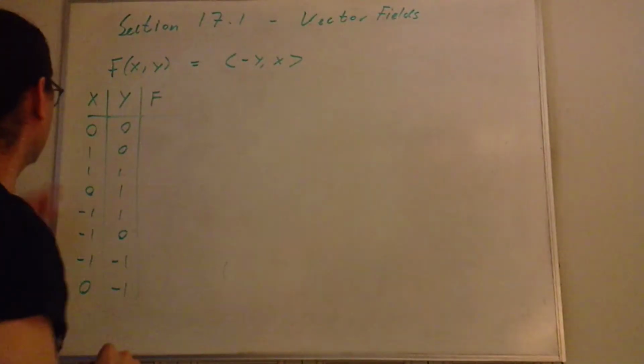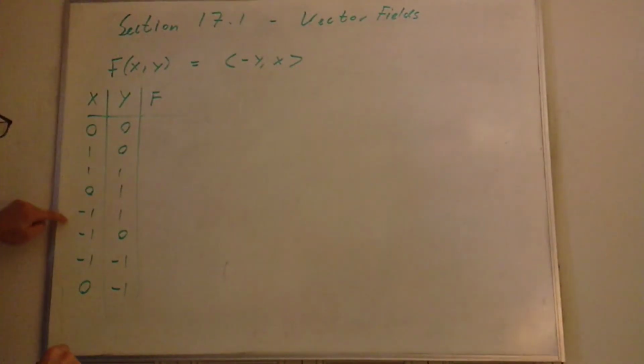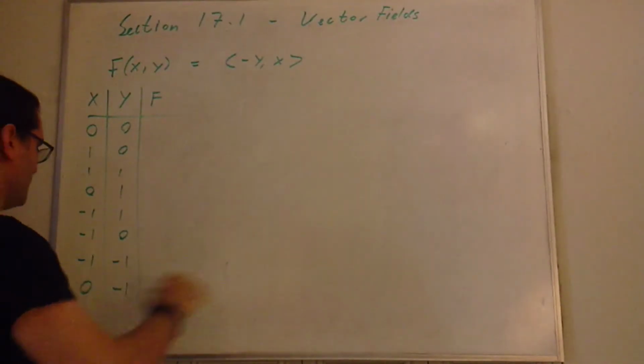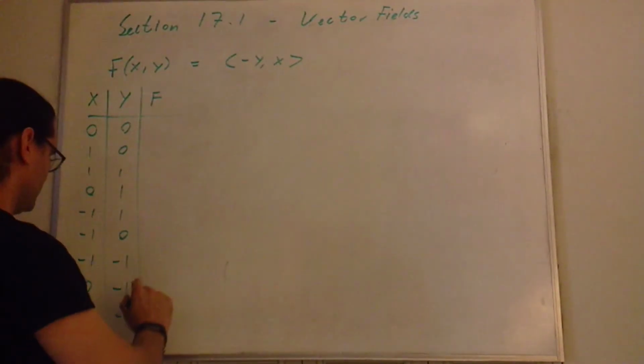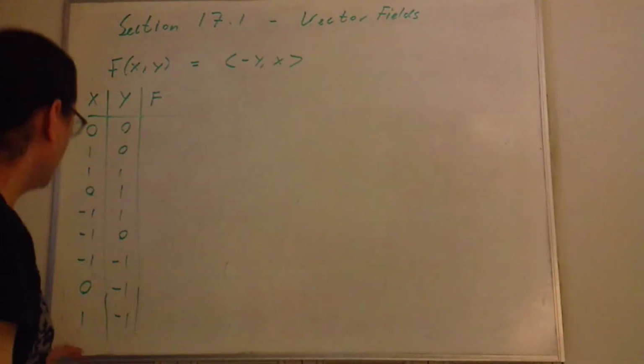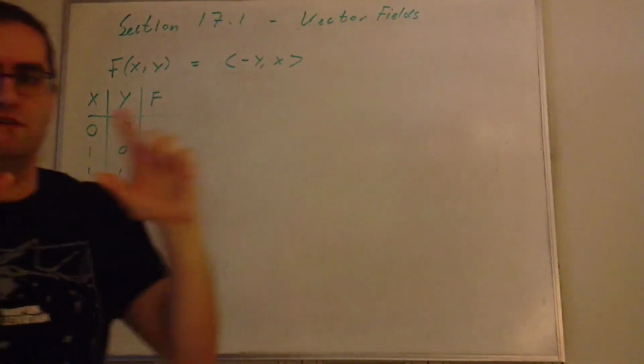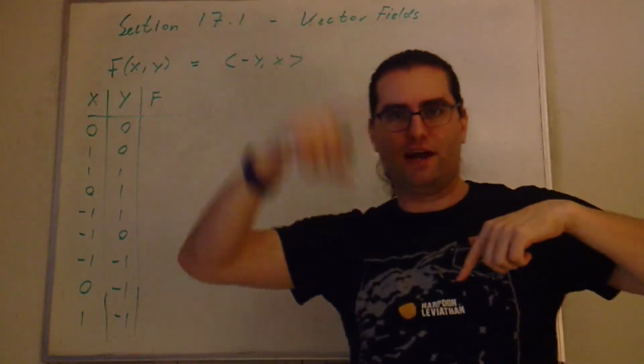Is that the 9 I want? 1, 2, 3, 4, 5, 6, 7. There's one more I'm missing. 1, negative 1. Okay. These are the 9 grid points that are all one unit to the left or right, up or down of the origin.